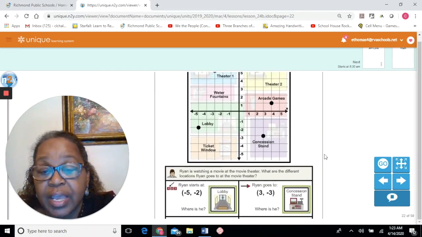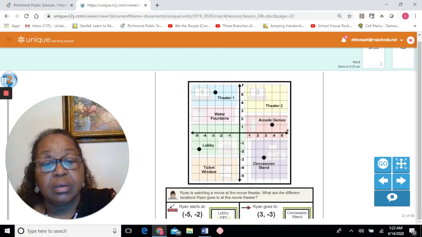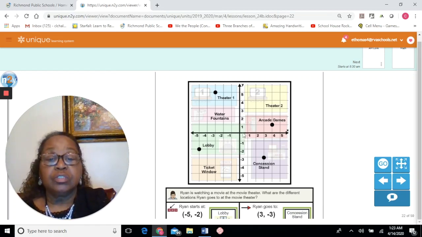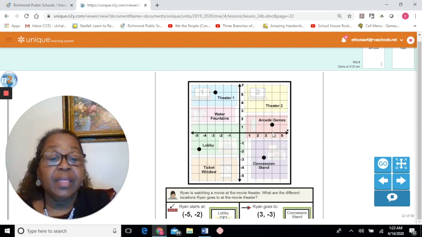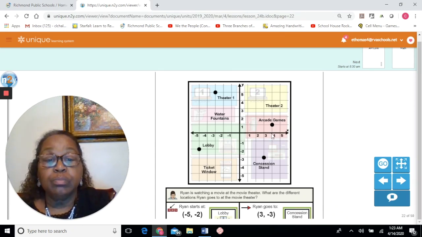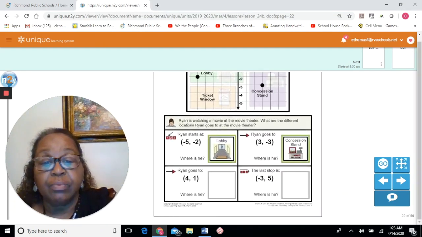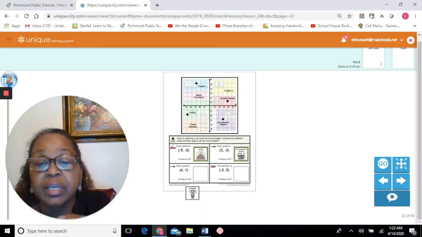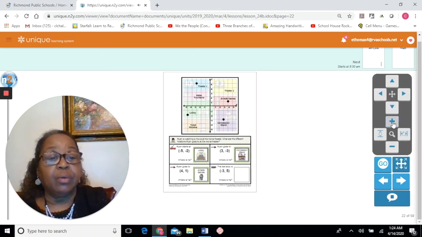So let's go to our x-axis. 4 on our map, the x-axis 4, starting at our point of origin, we would move over to the 4, and then +1 on the y-axis, we would move up 1, and we're at the arcade game. Let's see if we got it right. Let's see, arcade game. Excellent. We got that one right also.